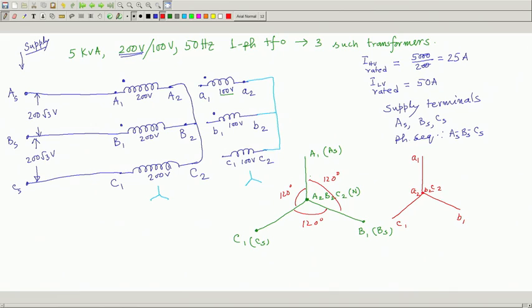Are you getting it? A2 B2 C2 I have forced to be at equipotential. These 3 phasors were in isolation, but they cannot be now. So, it will be like this.